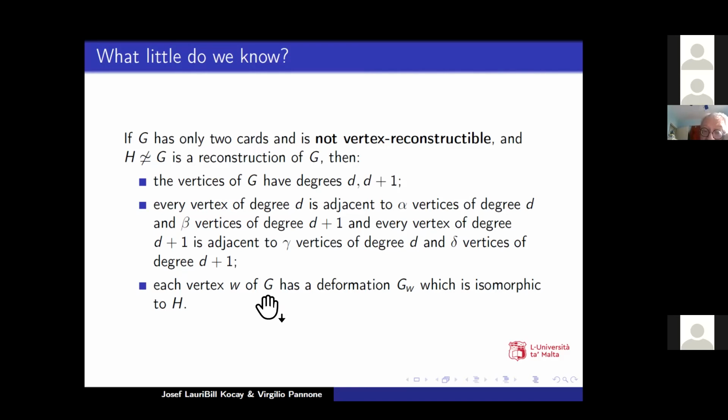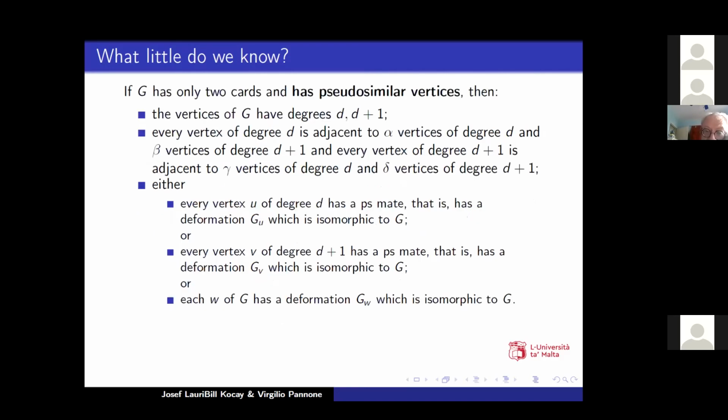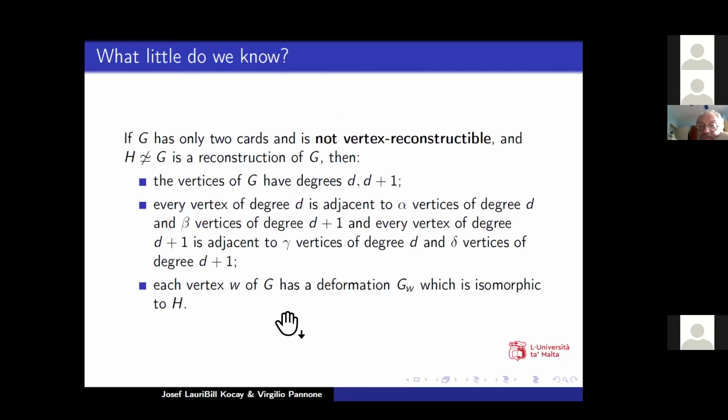And now every vertex w, not as we had before, either all the d vertices or all the d plus 1 vertices, or maybe all of them. Now, this can only hold if the graph G is not reconstructible, that every vertex w has a deformation which is isomorphic to H now, not to the same G, to H, if it is not vertex reconstructible. So there is this connection between them. And the problems look very similar.